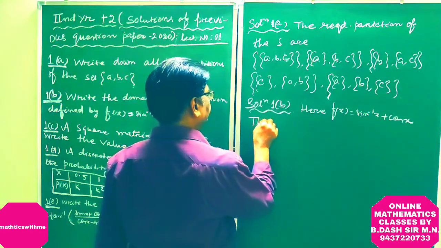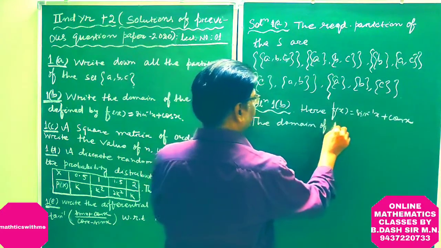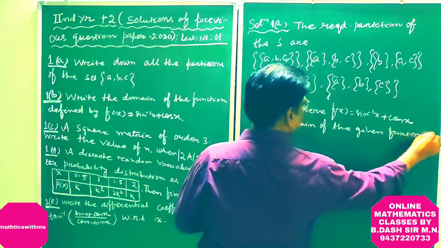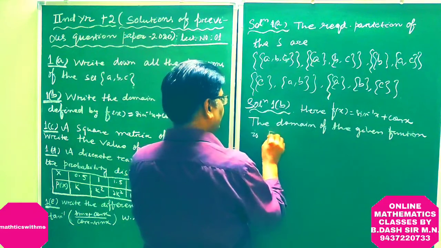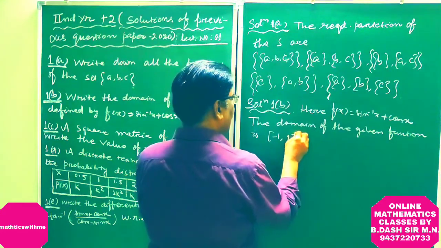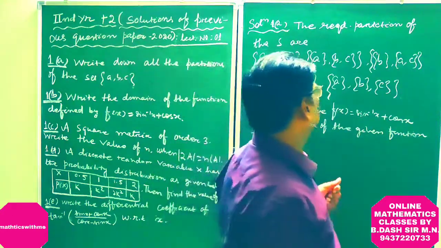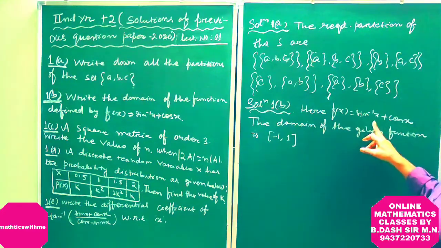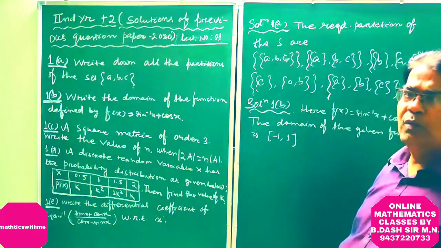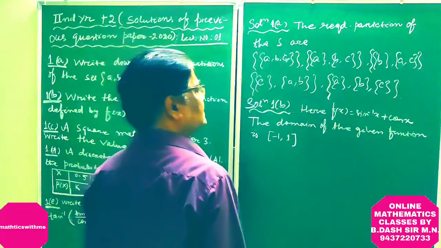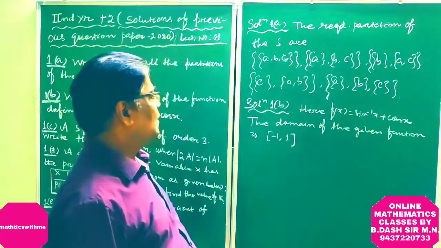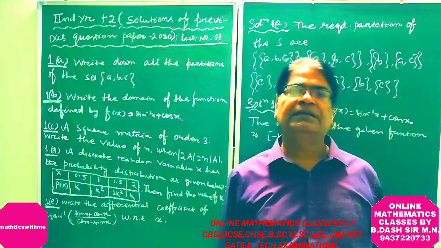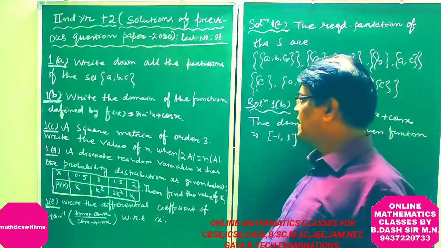So here the domain of the given function is the closed interval -1 to 1, because the domain of the function sine inverse x is from -1 to 1, and the domain of cos x is the entire real number set R. Therefore, the domain of the function is -1 to 1, because the function is defined for all values of x belonging to the closed interval -1 to 1.